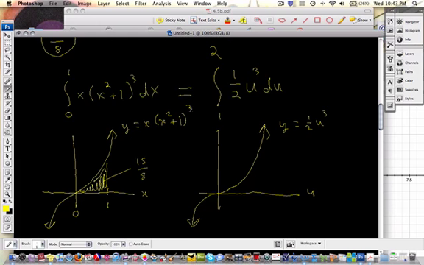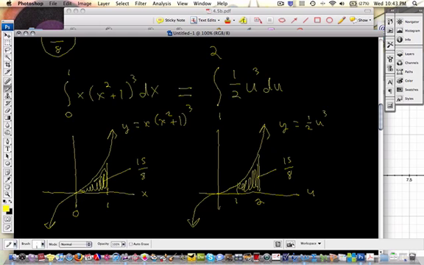And now we're looking at this area from 1 to 2. Turns out that area is the same. It's also 15/8.